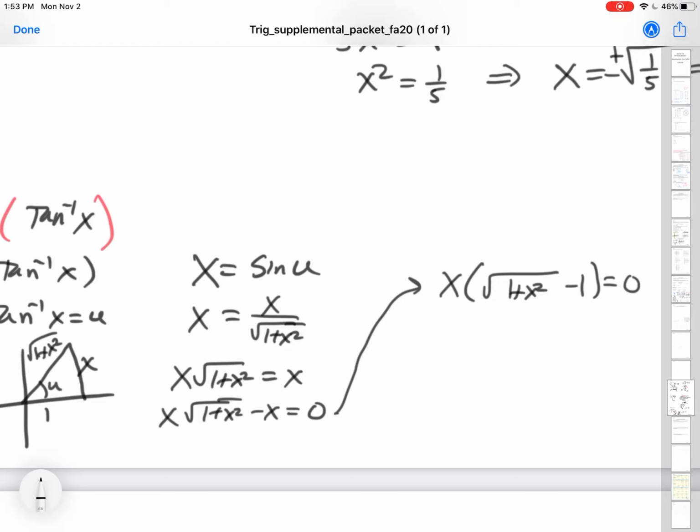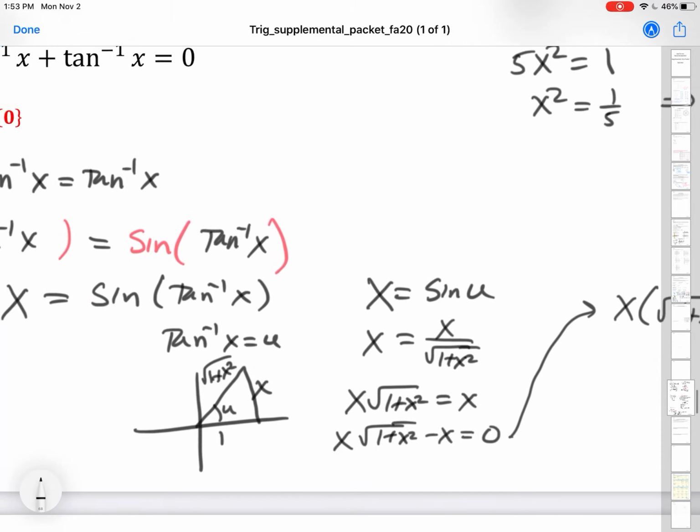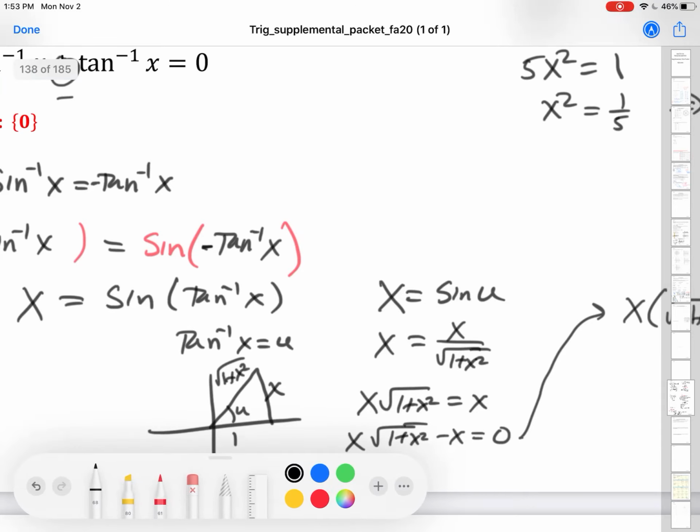Let's take a look. Oh, I made a mistake in the very beginning. Probably drove you nuts. When I moved that tangent over, it should have been negative. So I just saw that when I looked back at the original problem. We would have been fine if that was a minus sign here in the beginning, but it wasn't.